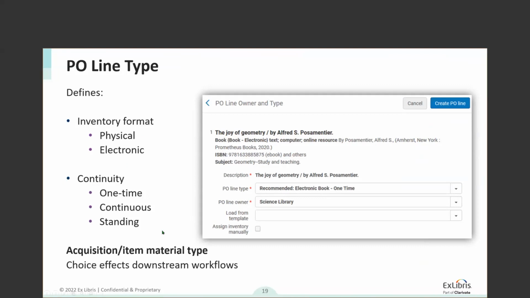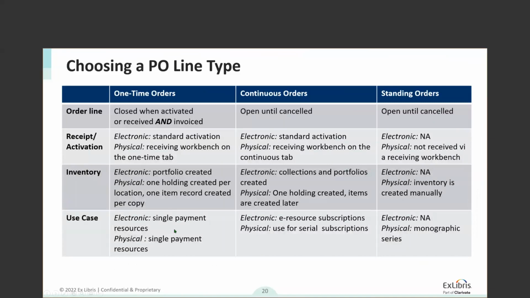Okay. Looking at this, here we go. This is just a slide talking about PO line types and the use cases, the order line, what happens to the PO line as it goes through the ordering process.